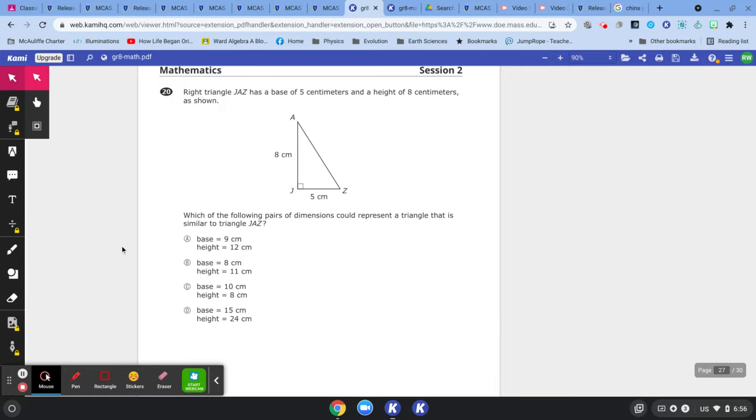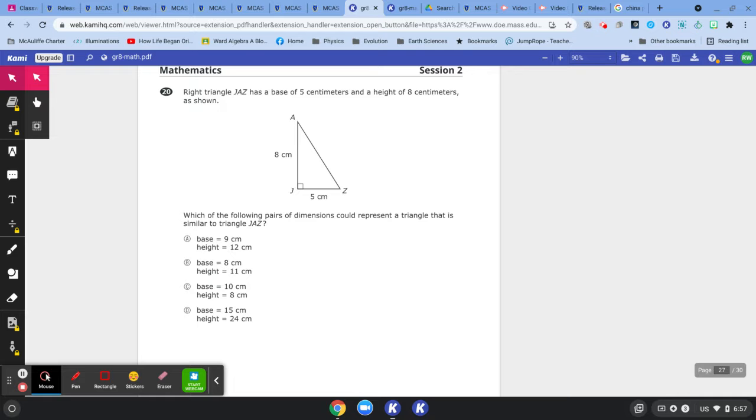Okay, and I lied earlier. I said the other one was a Pythagorean theorem question, and I just made that assumption because there was a right triangle. But actually, it's not even a Pythagorean theorem question. This is a proportions question. We need to know what it means to be a similar triangle.